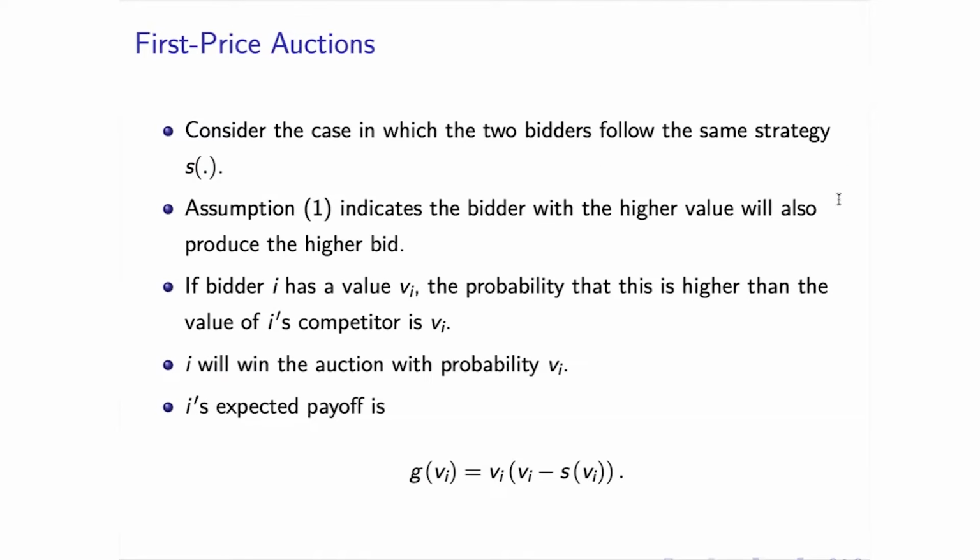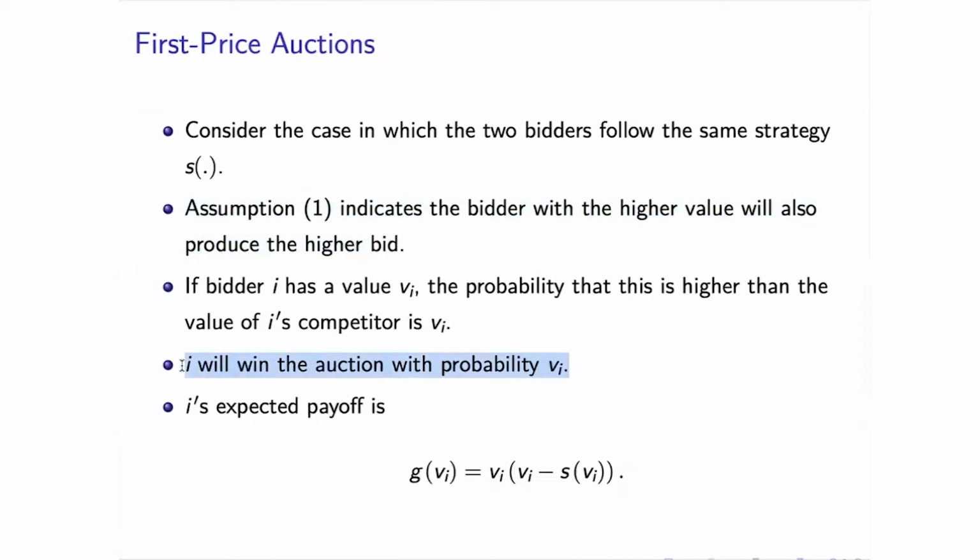So we are asking what's the probability that Vj, the other guy's valuation, is between 0 and Vi. This is given by Vi because the distribution is uniform between 0 and 1, right? So the player is going to win, remember, if his bid is higher, which we know is the case if his valuation is higher, and this happens with probability Vi.